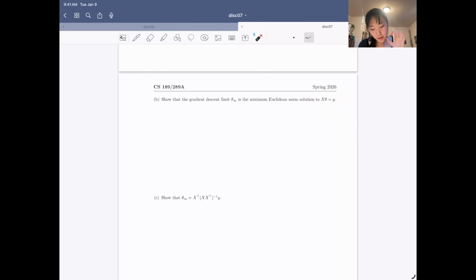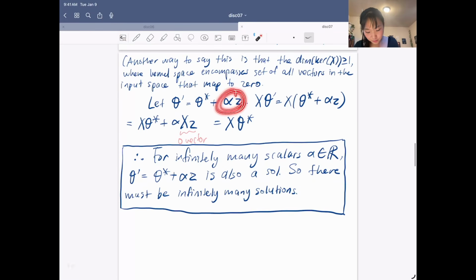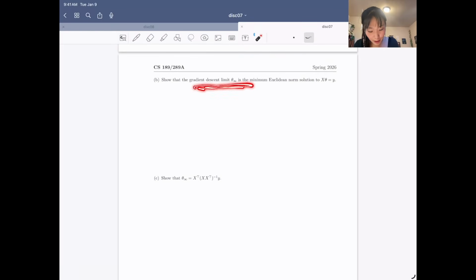Earlier we showed there are many thetas that could work, because you can add any kernel space vector to a theta and it'll create another solution. But gradient descent actually reaches one specific solution, the minimum Euclidean norm solution.